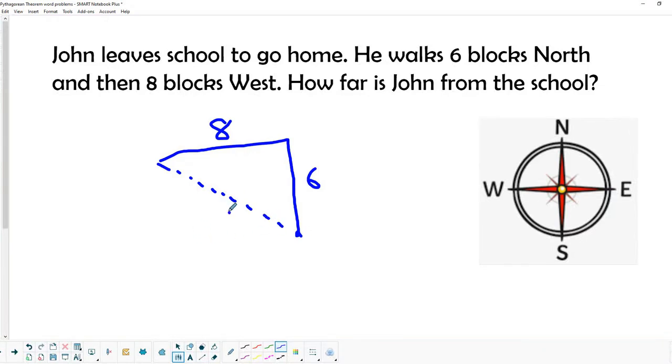So he's going to be looking for the hypotenuse. So let's just set this up. 6 squared plus 8 squared equals the hypotenuse squared. The 6 times 6 is 36. 8 times 8 is 64.